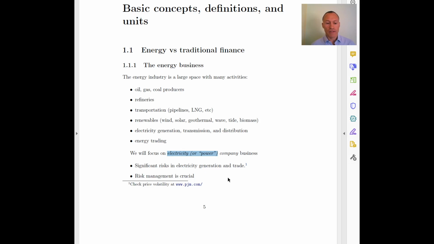The reason is that a power company has to buy, for example, natural gas to generate electricity, and then it obviously sells the electricity it generates. So it integrates all these markets, and it can use risk management to avoid uncertainty about the prices of its inputs and its outputs.